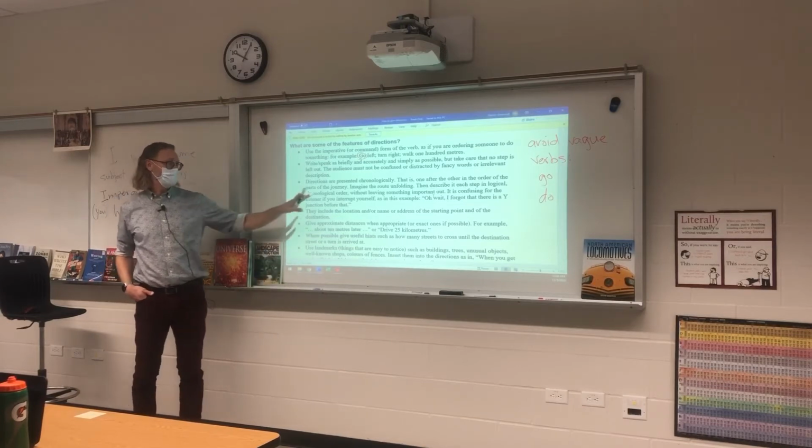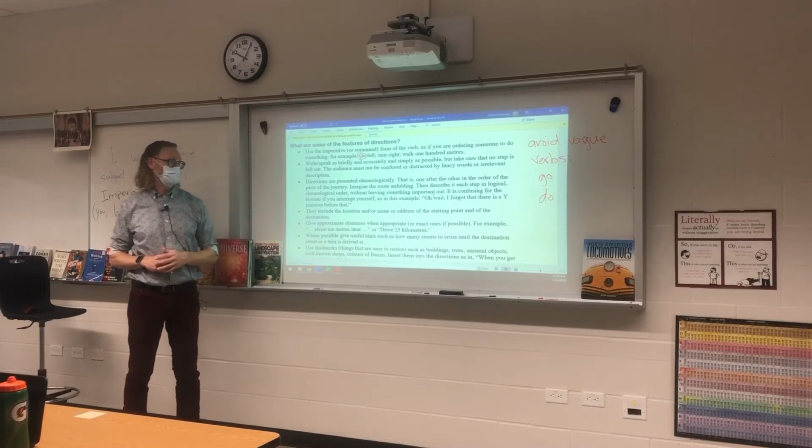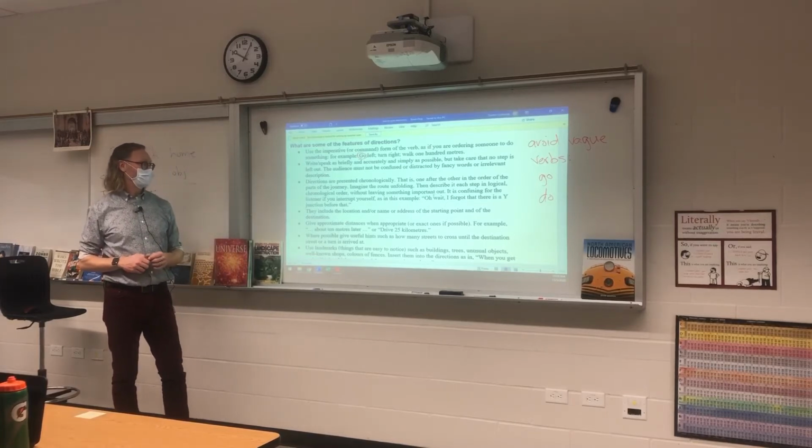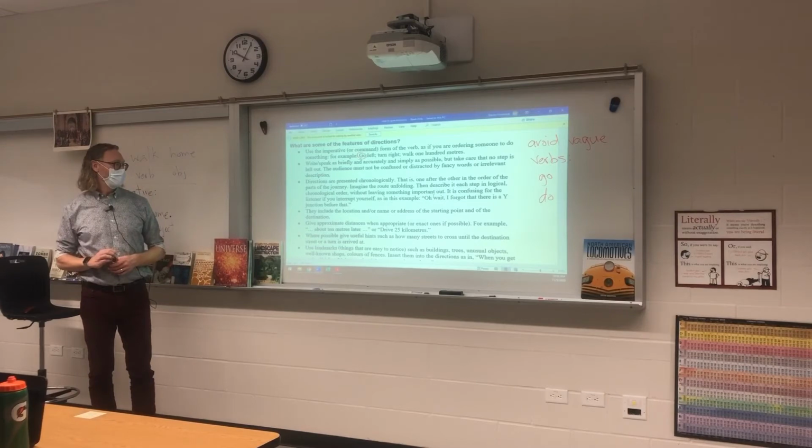Imagine the route unfolding. Describe each step in logical, chronological order without leaving something important out. It is confusing for the listener if you interrupt yourself, as in this example: oh wait, I forgot that there's a Y junction before that. They also include the location and or name or address of the starting point and of the destination.